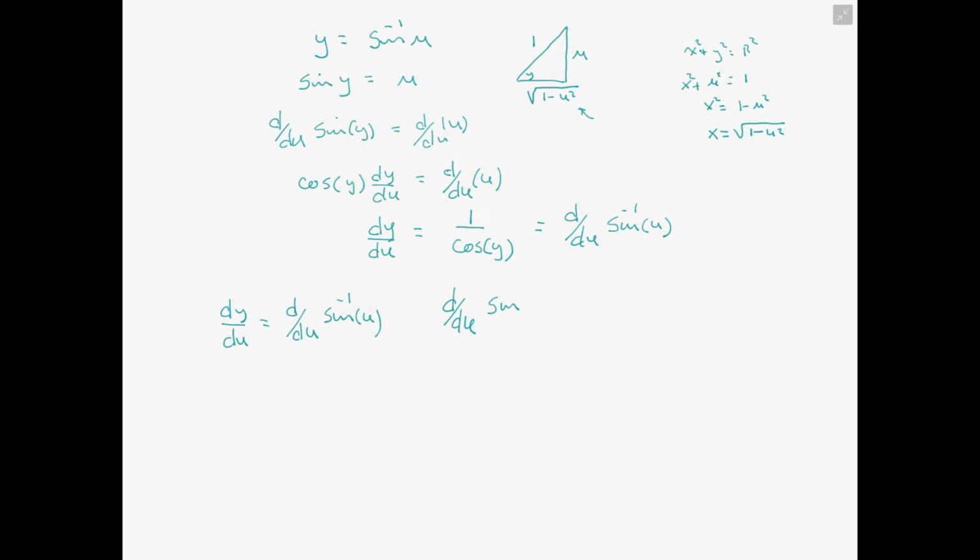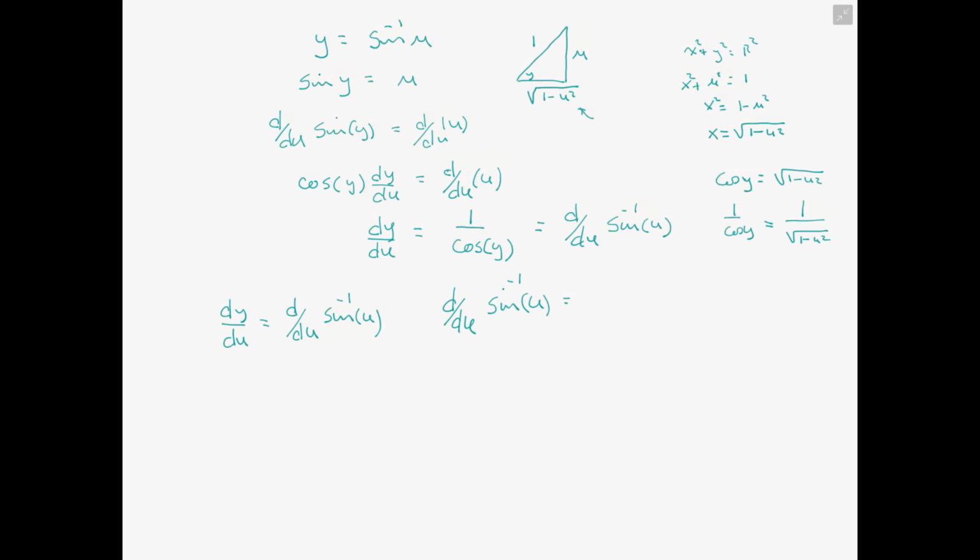And now we put everything into original variables and switch things around. So let's put d/du of arcsine of u equals 1 over the cosine of y.